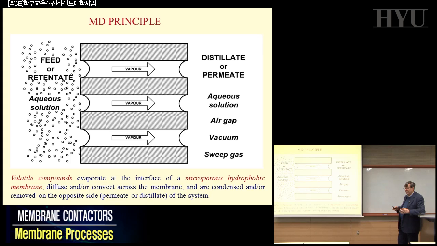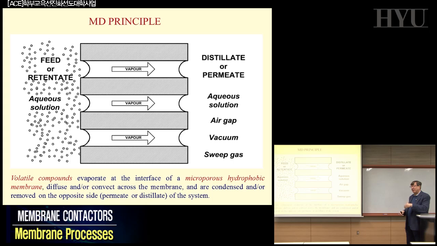If these pores become too large, liquid will penetrate, even with a hydrophobic material. When you study membrane preparation with traditional phase inversion, you will learn that it's not easy to have a very narrow pore size distribution like this one, with all the pores equal. Normally you have a large pore size distribution.